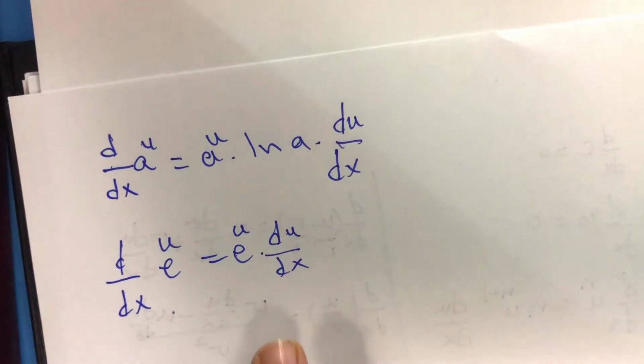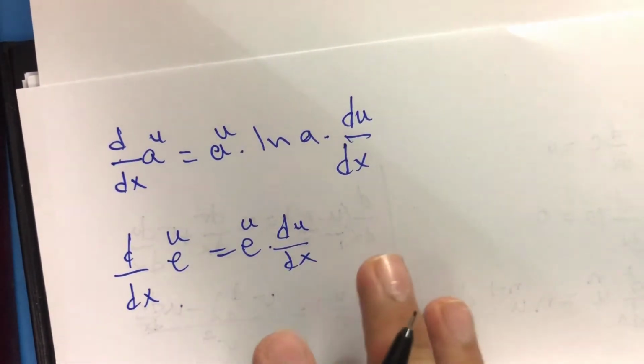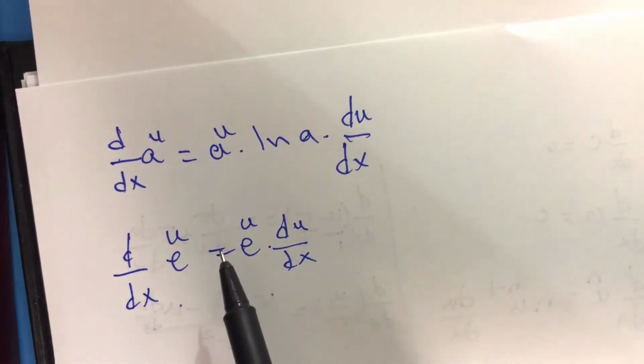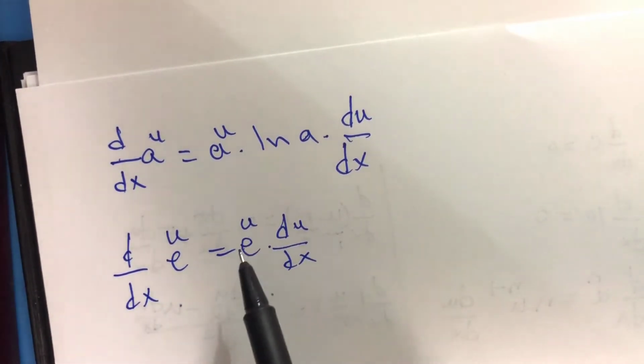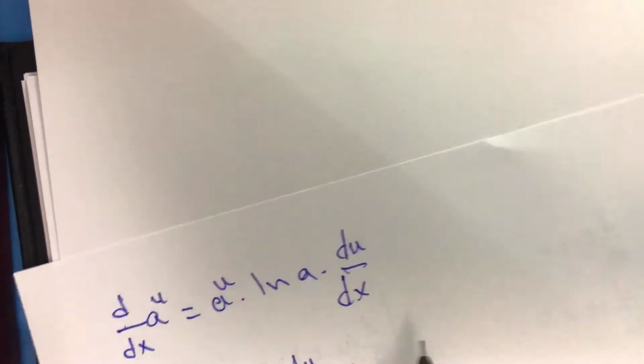And this lecture actually focuses on explaining how we can derive the derivative of the exponential function and the logarithmic function. So as a beginning, let us illustrate the exponential function.